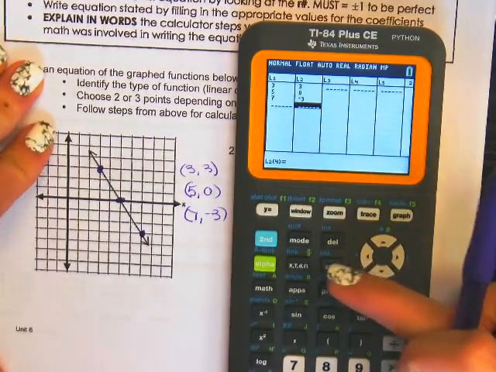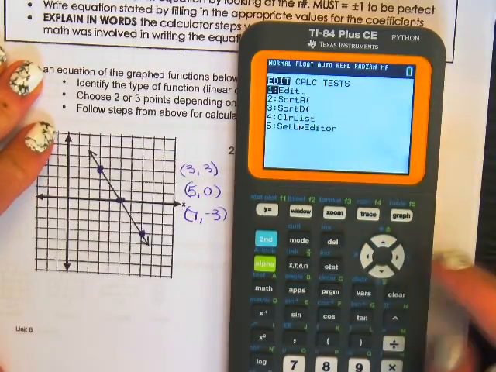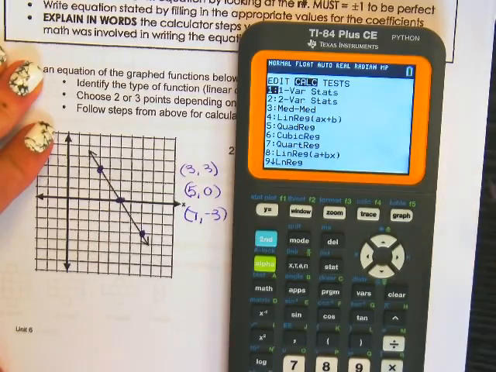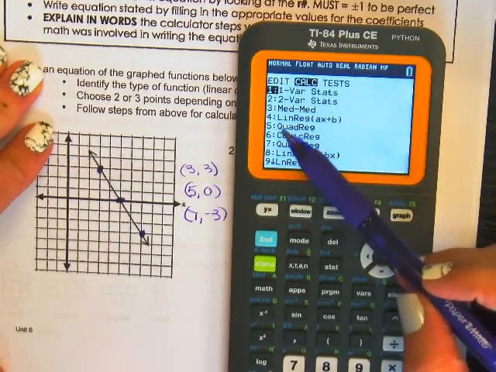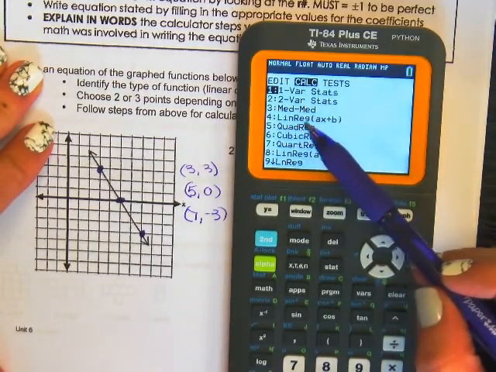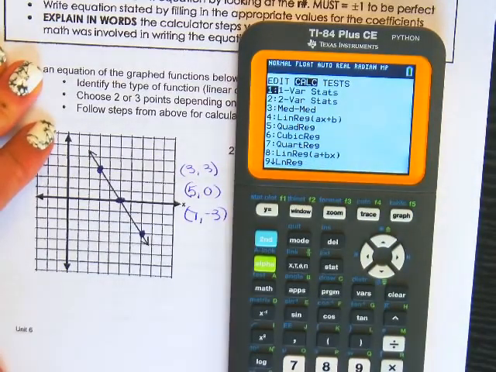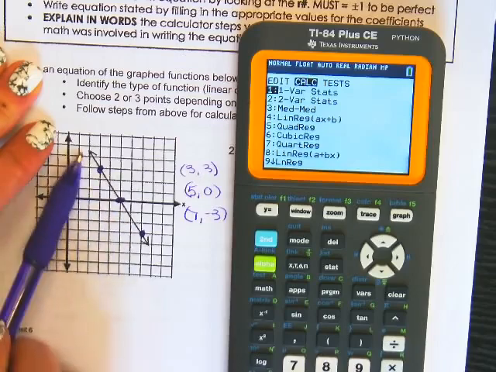Now I'm going to go back to stat, and go over to calculate, and choose option 4. I'm choosing option 4 because this says LinReg, which means linear regression, and I know that it's linear because of the line in the graph.